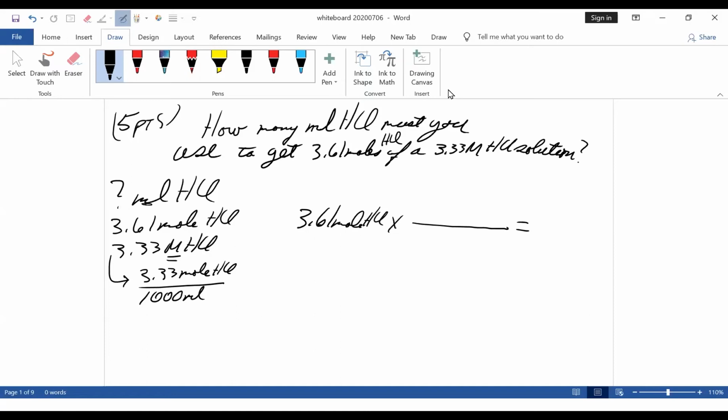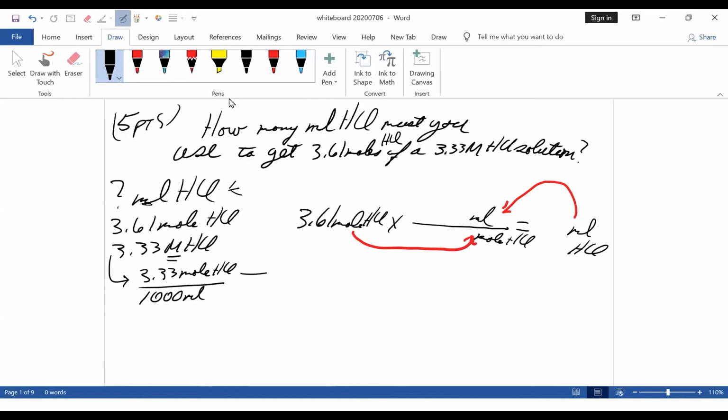And now, what do we want to get to? Milliliters of HCl. So it's time to use your good buddy, your good friend, unit analysis. Whatever you're trying to get rid of goes underneath the ratio. Whatever you're trying to get to goes on top. So here we have milliliters. Here we have moles of HCl.